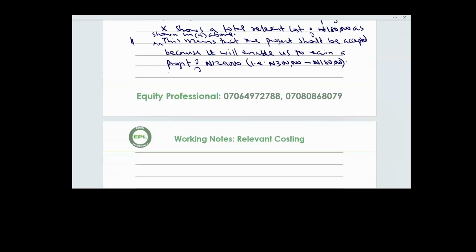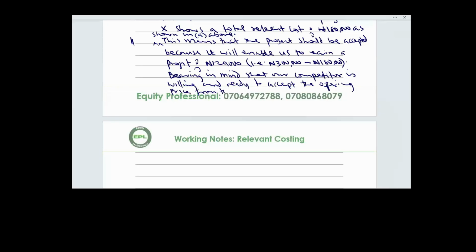Continuation from that paragraph. Bearing in mind that our major competitor is willing and ready to accept the offering price from the overseas customer.